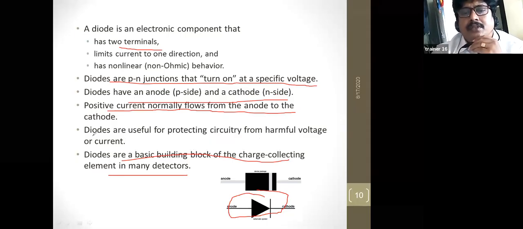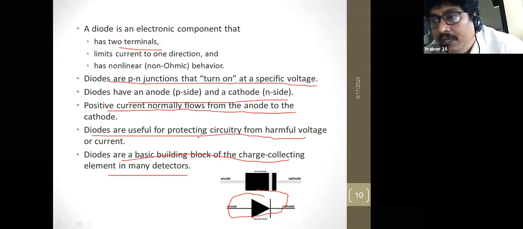See here, from this sentence, what do you understand? Diodes are useful for protecting circuitry from harmful voltage or current. The purpose of the diode is to protect the component in a circuit from high voltage or from high current.